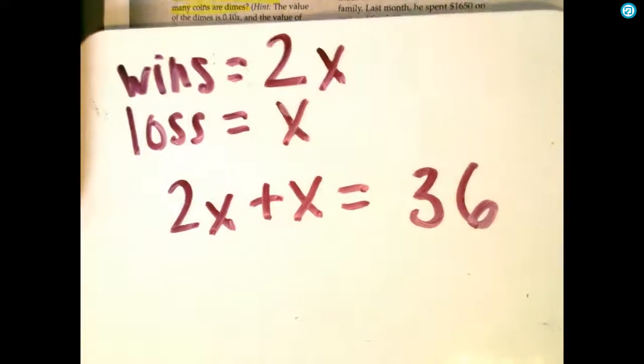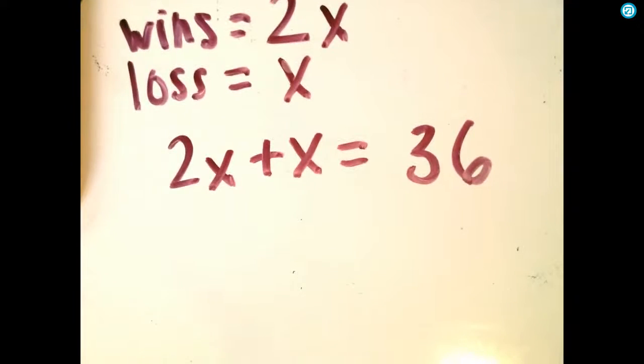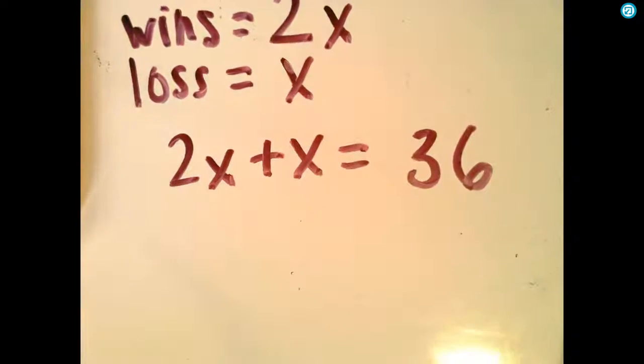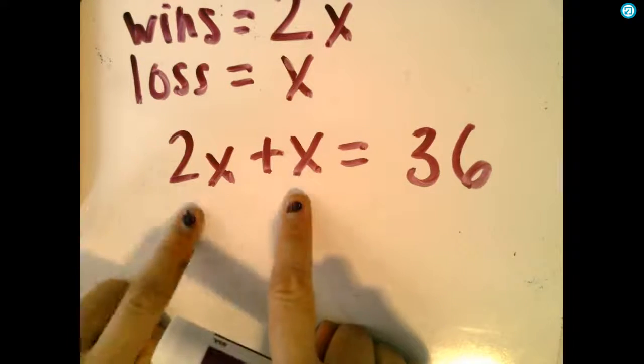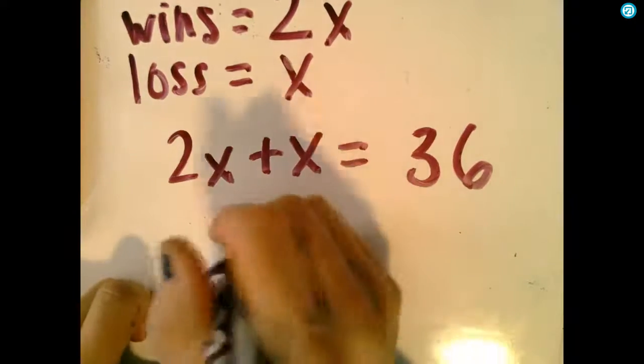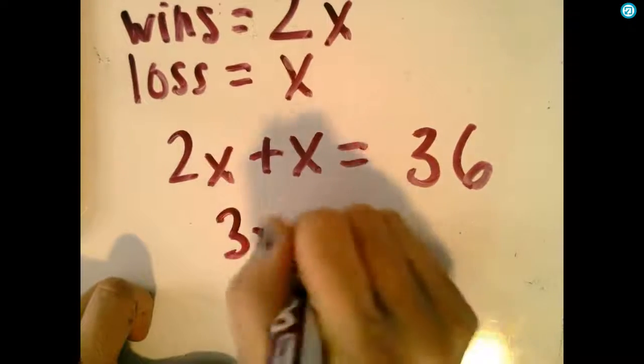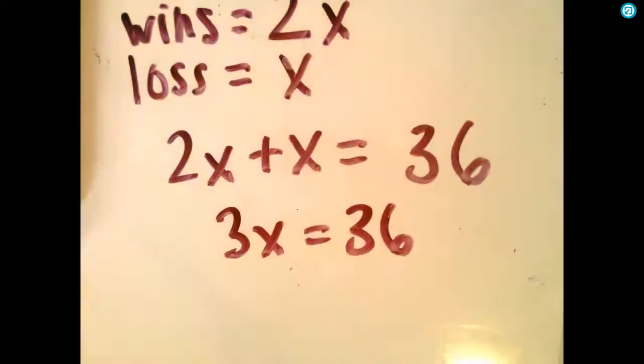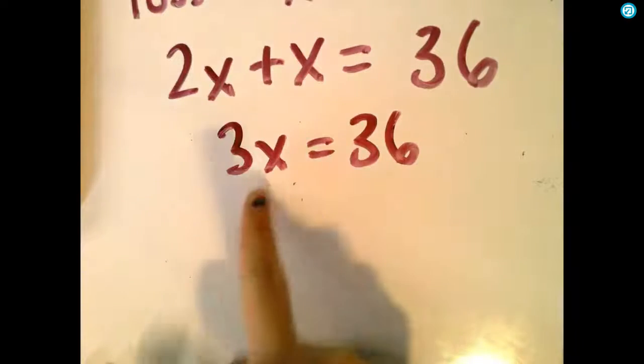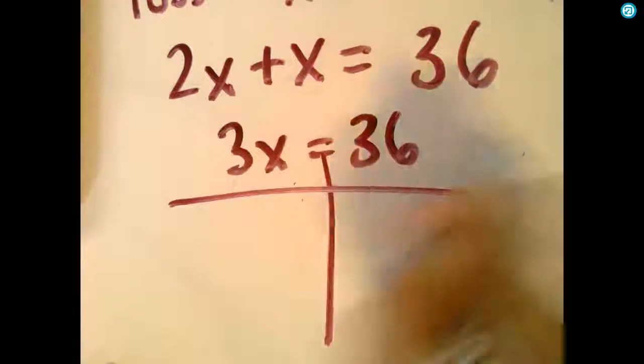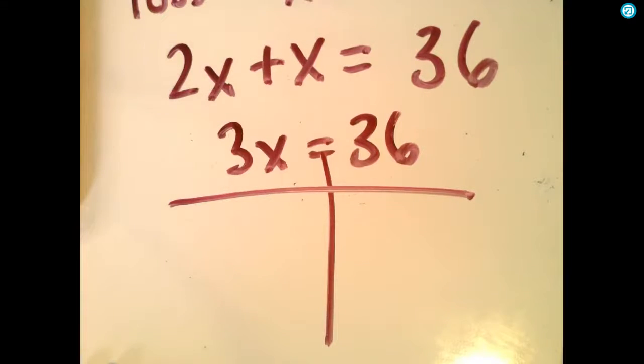So that's my equation. This one's a little bit easier. It's a lot easier, actually. I can combine my x's. I've got 2x plus x. So this is just going to be 3x equals 36. I want to get x by itself. All we have to get rid of is this multiplying by 3.